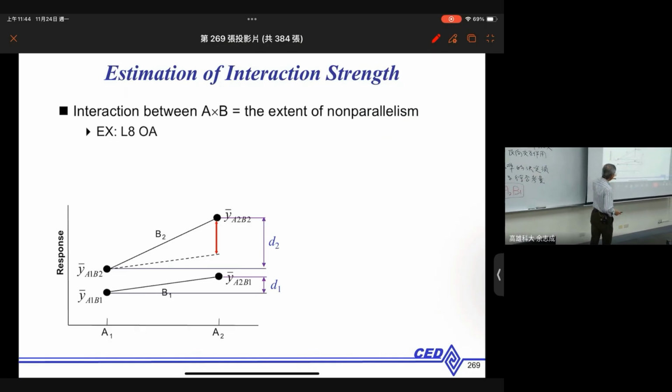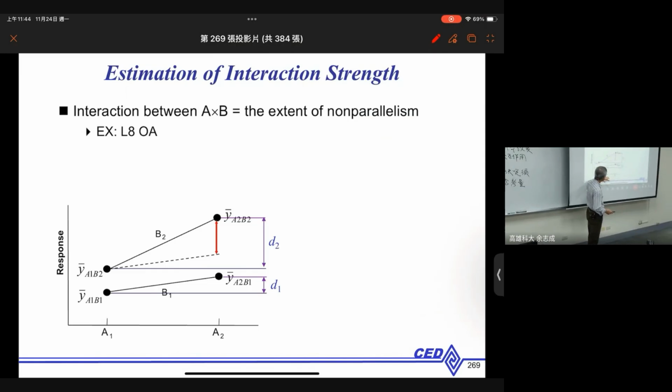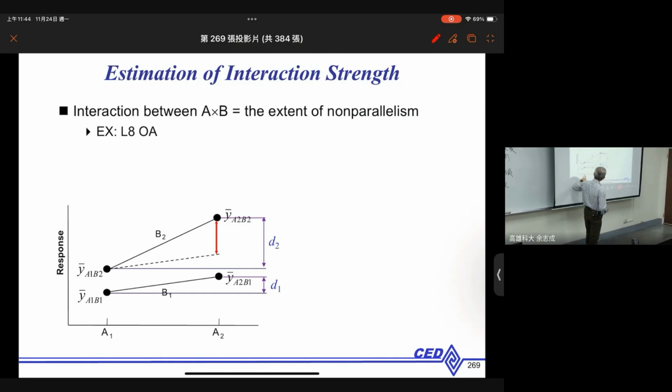Here you can see the interaction plot for A and B. As I mentioned before, these two lines are not parallel because there is interaction, in this case synergistic interaction. When you change from A1 to A2, if B is at B1, the difference is D1. If B is at B2, the difference is D2.